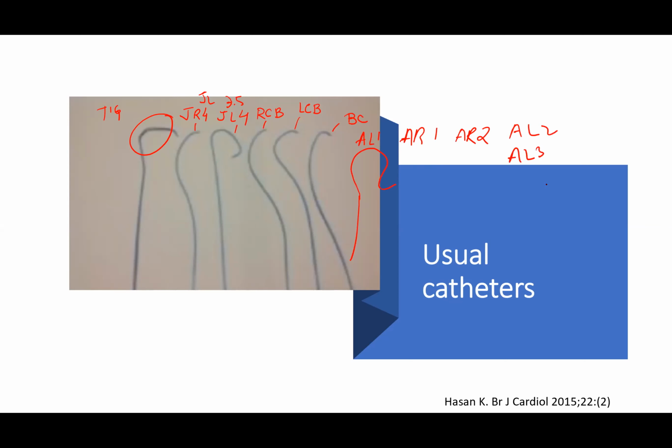These are other catheters you can use for this. Rarely, I use the hockey stick catheter as well. The hockey stick is something like this, close to the EBU catheter. But usually if you go through this series, you will get most of the grafts without any problem. As I said, the Tiger catheter can be used for all of them in a usual 60 or 65 year old guy who had bypass. But sometimes the aorta is small in size, so it becomes difficult to get those.